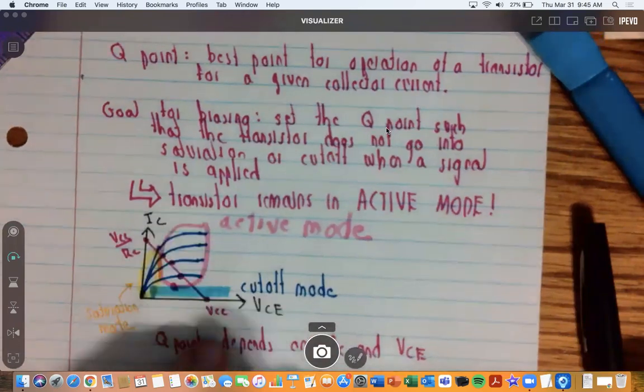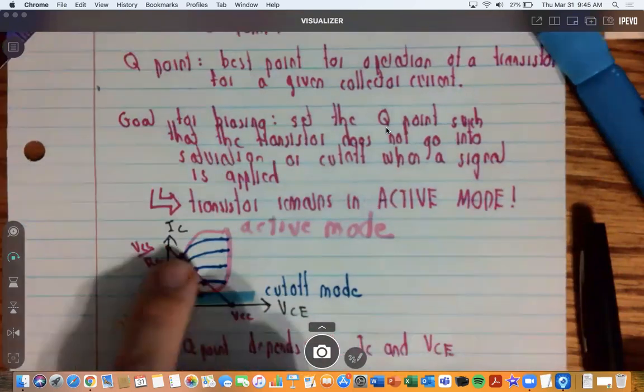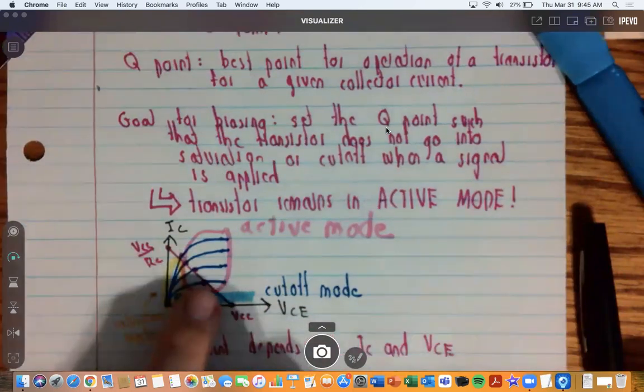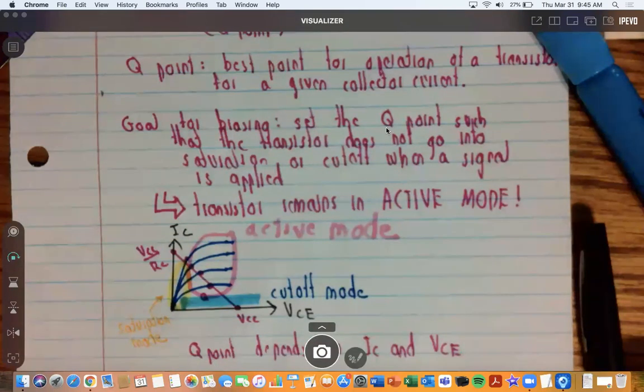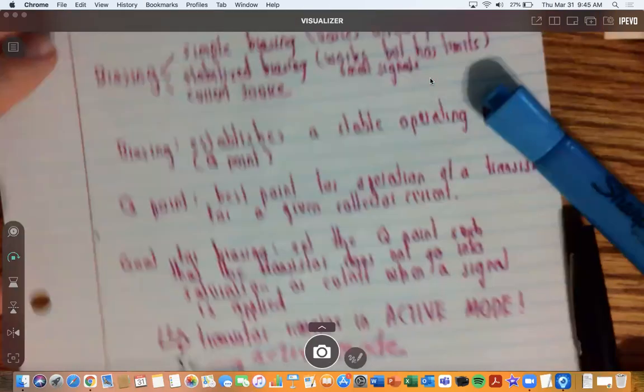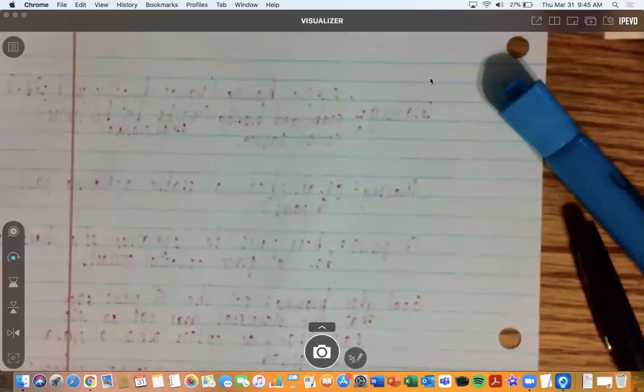So you can see the Q point, which is the intersection along these characteristic curves. It depends upon these two factors. Okay, so now that we talked about that, let's get a little into the types of modes it can fall under. I like always organizing these graphically.